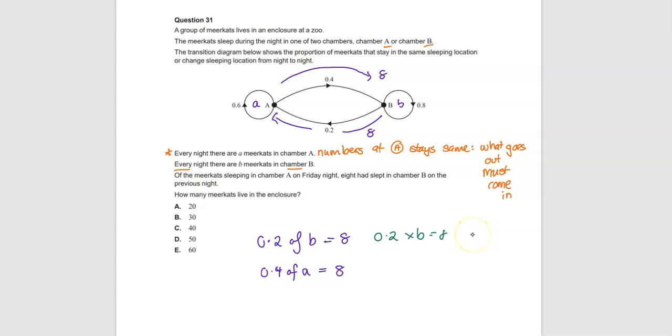You can either solve or rearrange, so B equals 8 divided by 0.2, which equals 40, and then A would equal 8 divided by 0.4, which equals 20. Now it said how many meerkats live in the enclosure, so that's the total. So you need 40 and 20, so it ends up being 60.